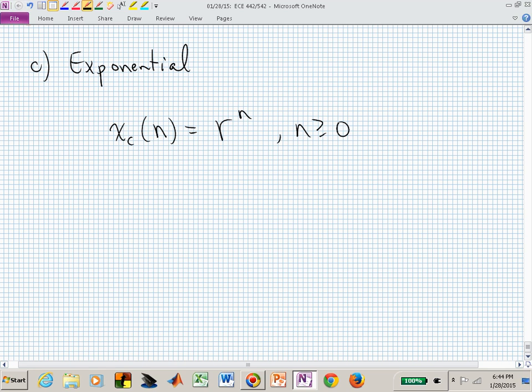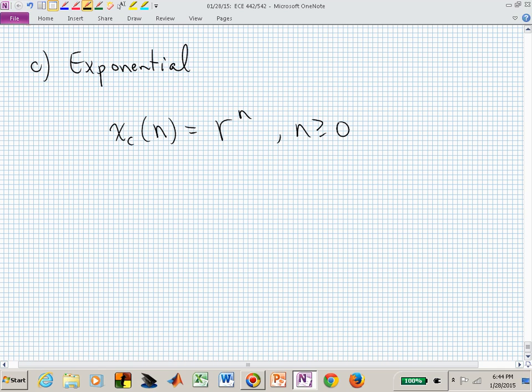It's 1, 2, 4, 8. Exponential, isn't it? It's a growing exponential. The other one was a decaying exponential. But they both are exponential waveforms.